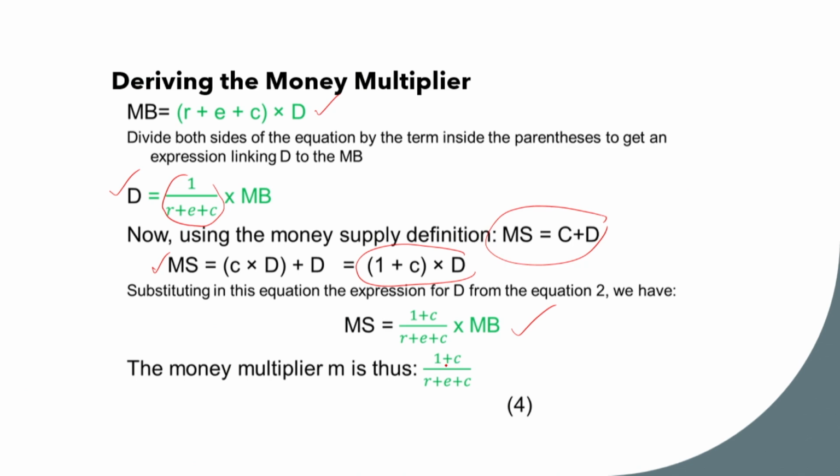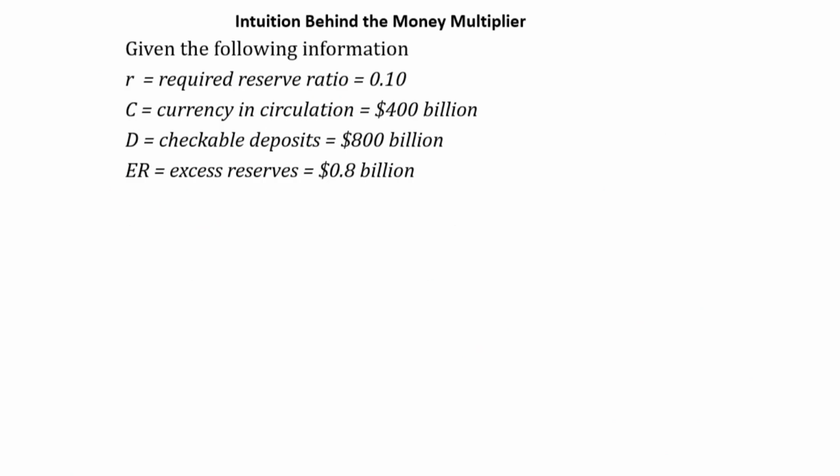We have already seen that money supply is equal to m times MB. So accordingly this becomes the money multiplier: m equals (1 plus C) divided by (RR plus ER plus C). Now let us examine the intuition behind the money multiplier.